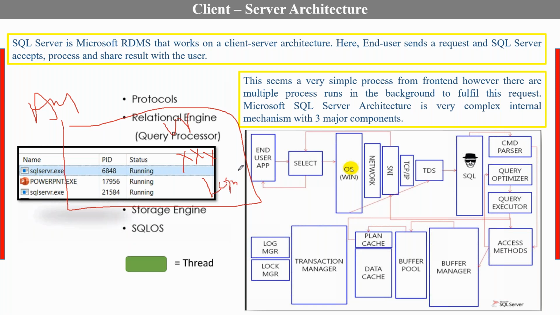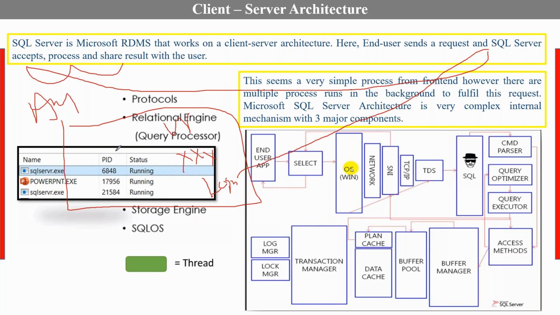When you click on login, it will connect to the SQL Server. SQL Server will accept, process, and share the results, meaning login successful or login failed. Yes or no? Agree, sir?